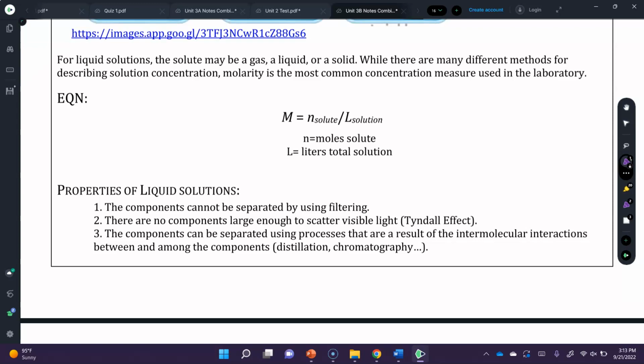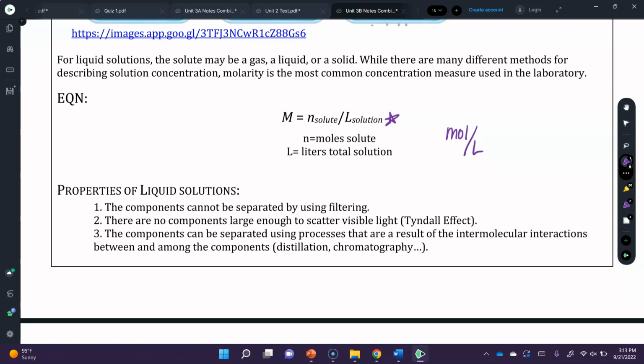So there are different ways to express solution concentration. The one that we deal with in this class is molarity, which has units of moles per liter. You want to remember this equation. When we're trying to figure out what the molarity of something is, we can take the moles divided by the total volume of solution.